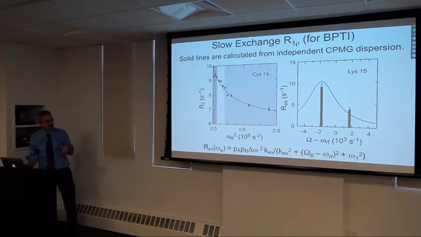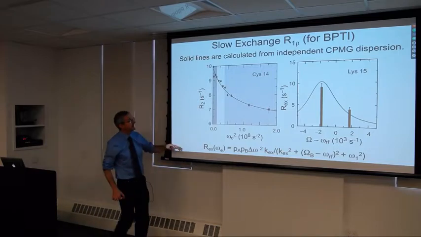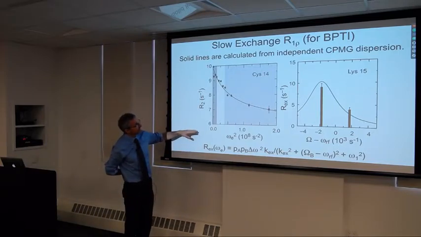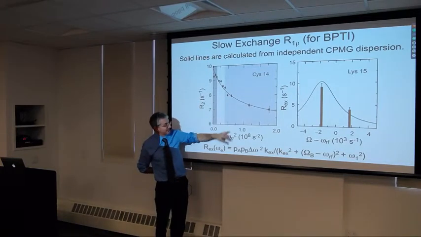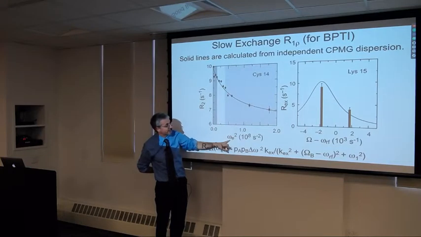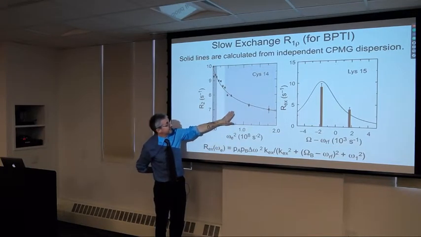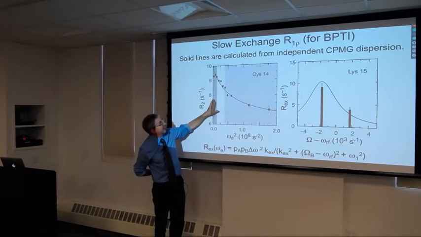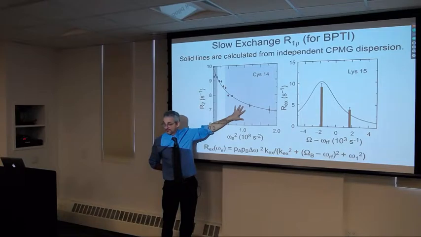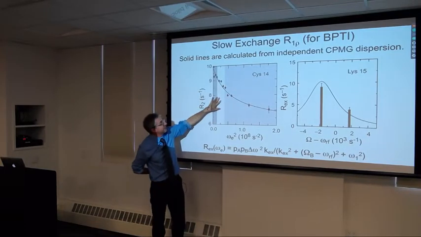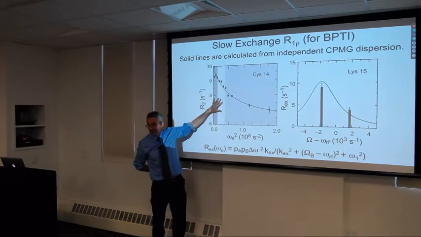So again, here's back to some data for BPTI. What's shown here is R1ρ data as a function of ω_E squared. And the different bars here, so this is using the adiabatic sweep and relatively strong B1 fields. This is using alignment with pulses and weaker B1 fields.